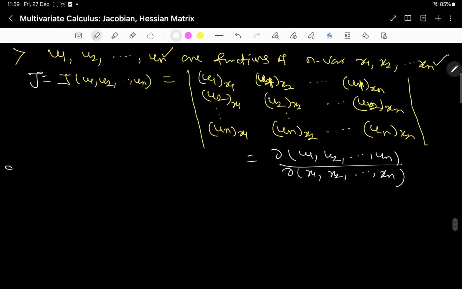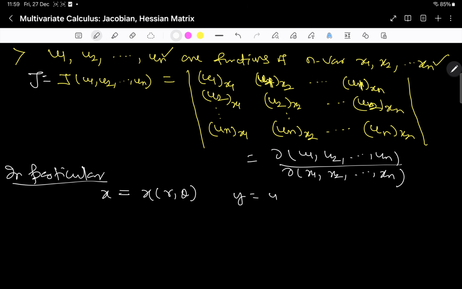In particular, suppose we are in polar coordinates, where x is a function of r and theta, and y is a function of r and theta.